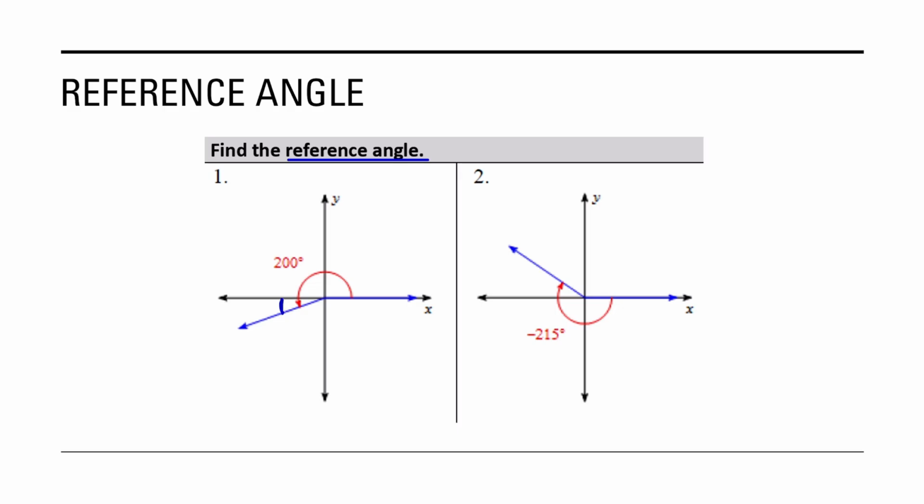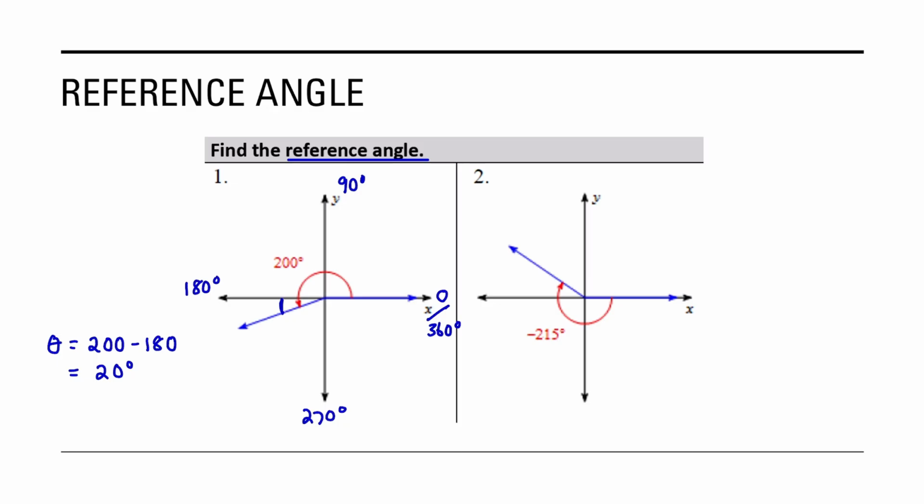If I think about my unit circle, I have 0, 90 degrees, 180 degrees, 270, and then back to 360 again. So here it's making an angle with 180. So the reference angle is equal to 200 minus 180. So the reference angle is actually 20 degrees.